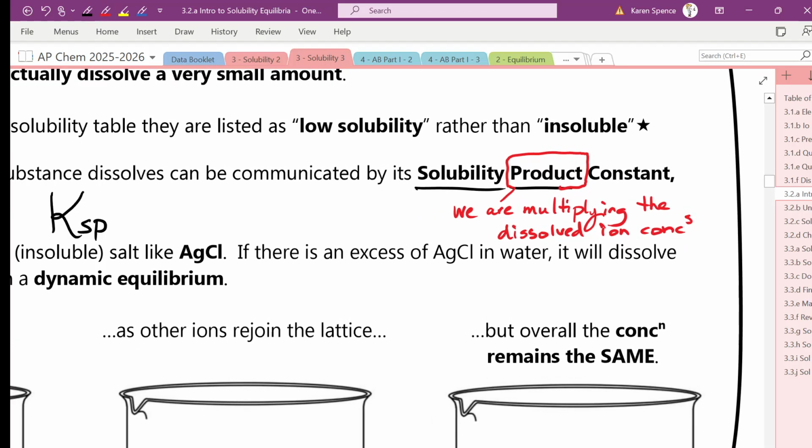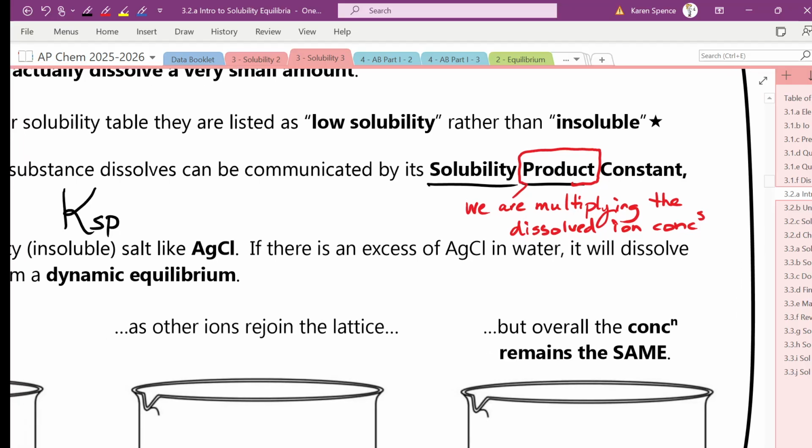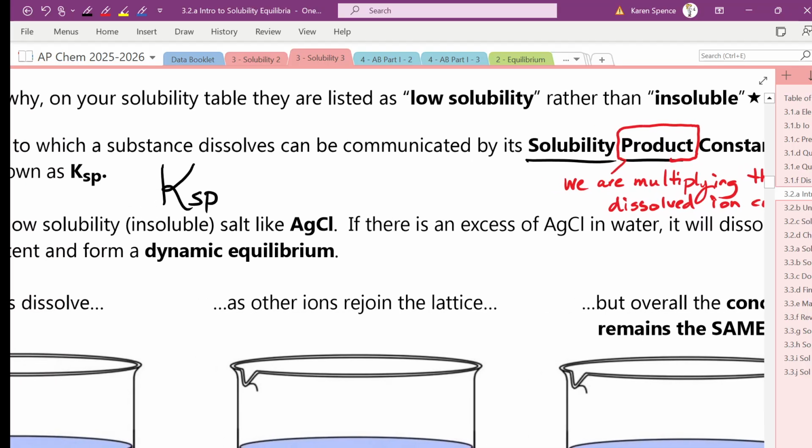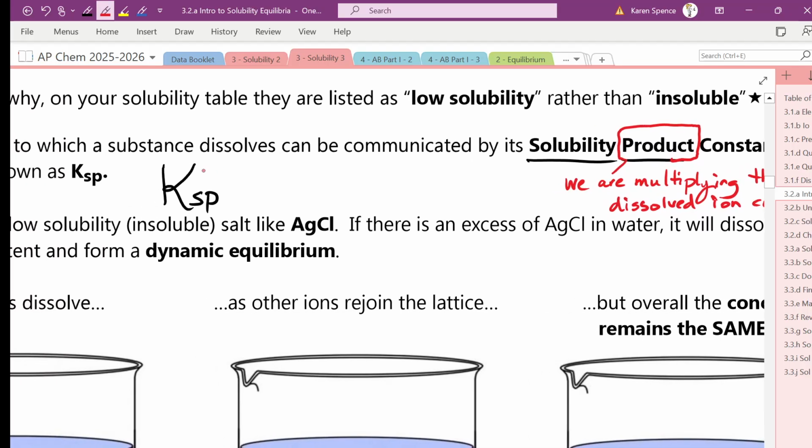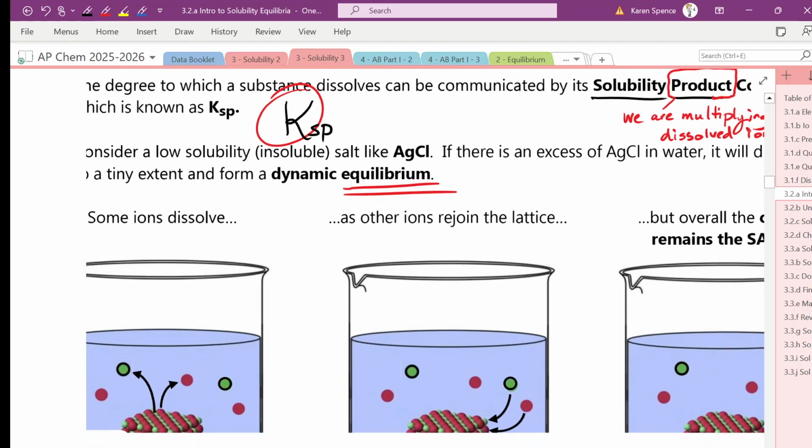And that'll become more clear when we do an actual example of that, okay? So we've got this solubility product constant. It's got a K value. And if it has a K value, that tells us that it is a system at equilibrium.